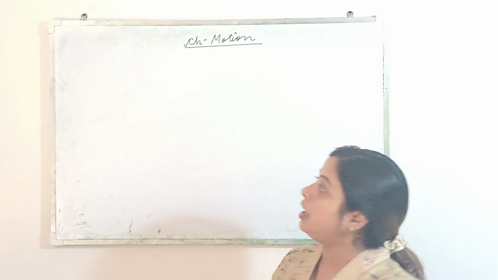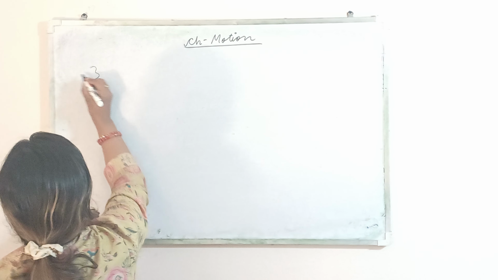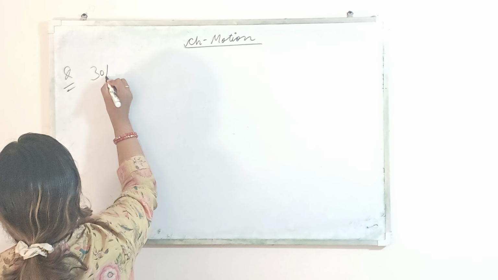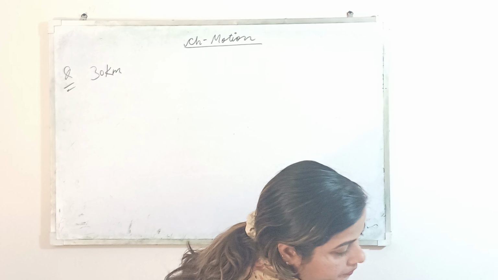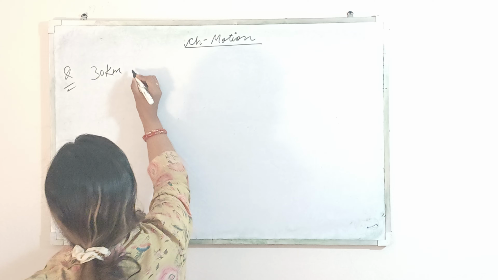It is given a car travels 30 kilometers with a uniform speed of 40 kilometers per hour, and it covers the next 30 kilometers with a speed of 20 kilometers per hour.